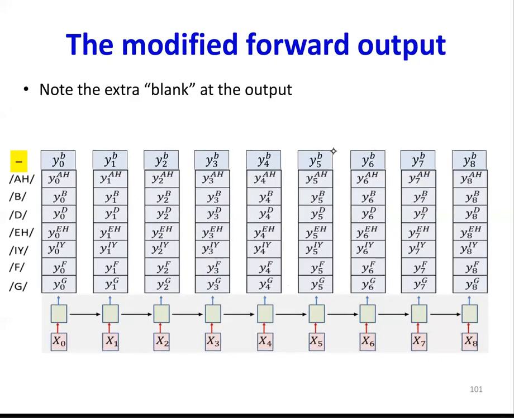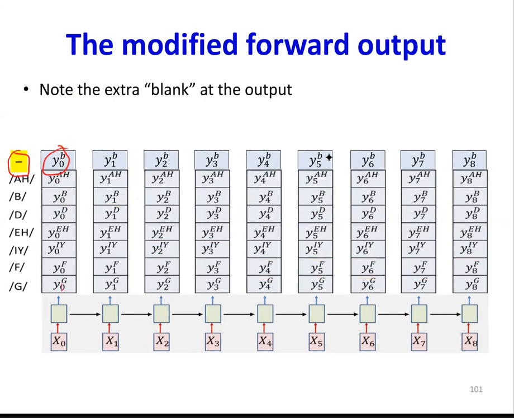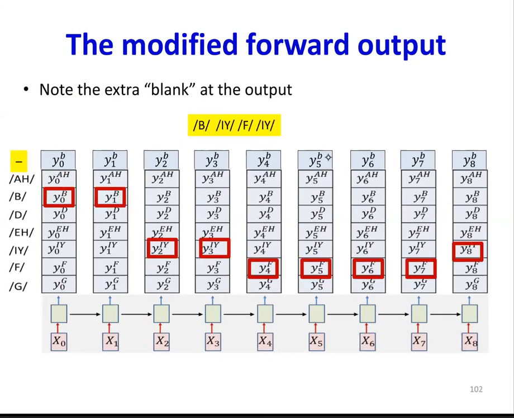So when the model computes probabilities, the symbol set now has an additional blank in its vocabulary, and it's going to be computing probabilities of all the symbols, including the blank. Okay. And if you were to just do a greedy decode, you might get a greedy decode of this kind, in which case these two are going to get compressed and it becomes a B. These two are going to get compressed and it becomes an E. These four are going to get compressed and this becomes an F. You get an E, so this became a BEFE, right?